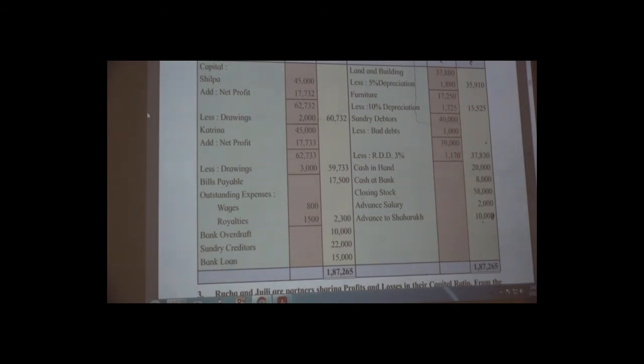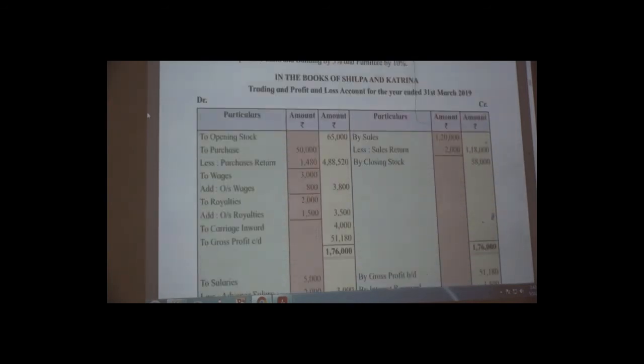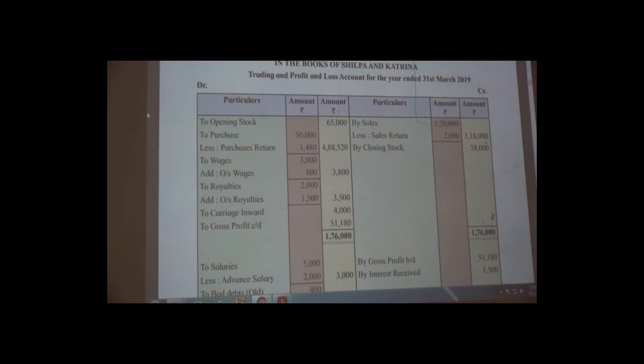That is, first is royalties. So come to the item royalty. Where have we written royalties? Tell me. On the debit side of the trading account. So see, on the debit side of the trading account, the royalties amount is written, that is 2,000. Now what are we going to do? We are going to add the amount of outstanding. How much outstanding amount is there? 1,500.